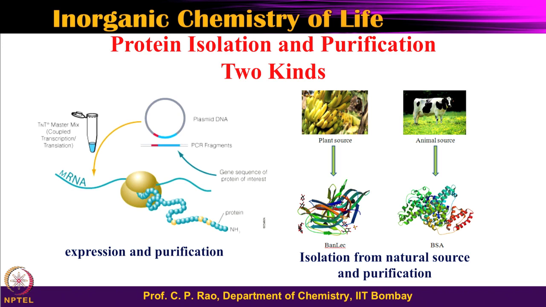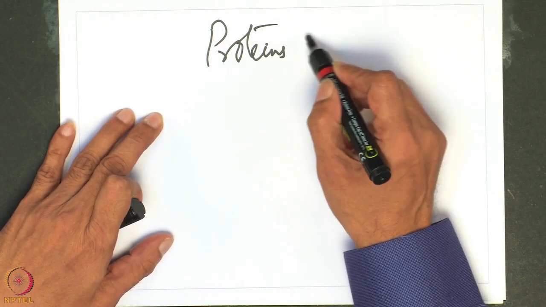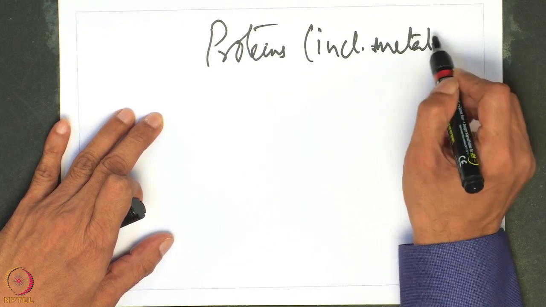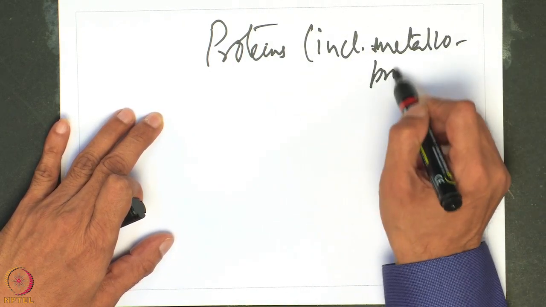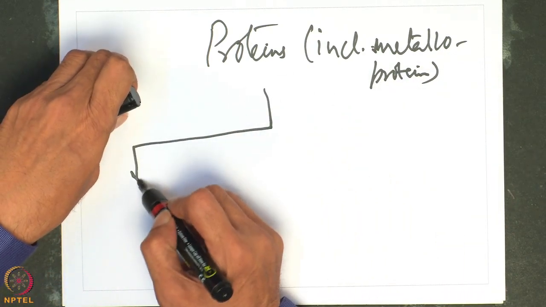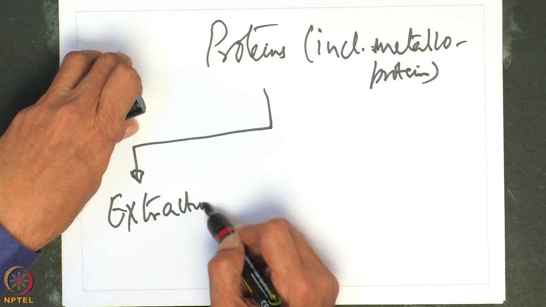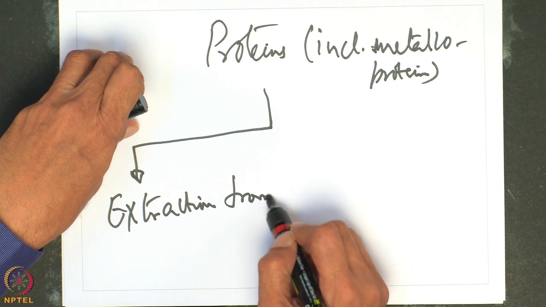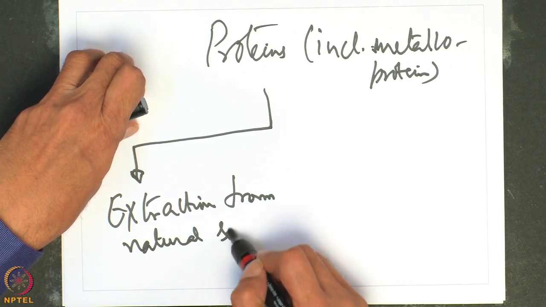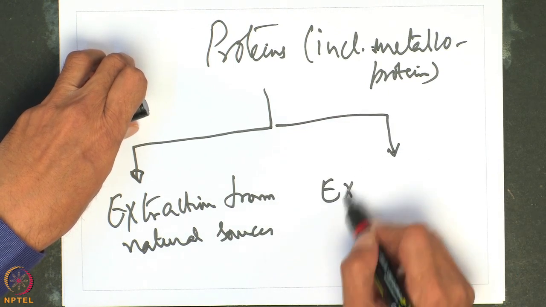So, the proteins, it can be metalloprotein, it does not matter, proteins. So, including metalloprotein. These can be obtained either by extraction from natural sources, and it can also be expressed.